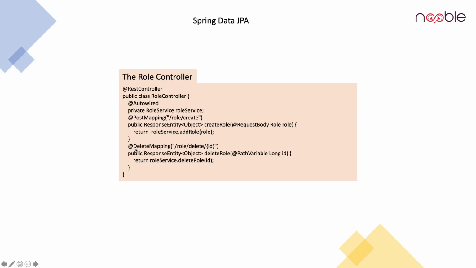This is a mapping for delete we are using. It takes in an ID. You can see the ID is defined the way ID is defined here. So the deleteRole will be using the annotation @PathVariable and long id, which will be passed through the URL that is coming through. And I am calling the deleteRole method which we have defined before.